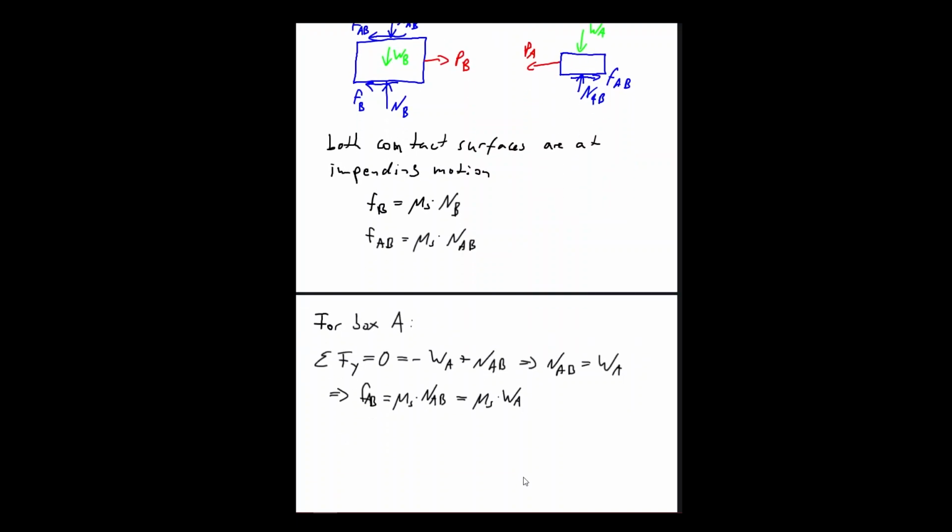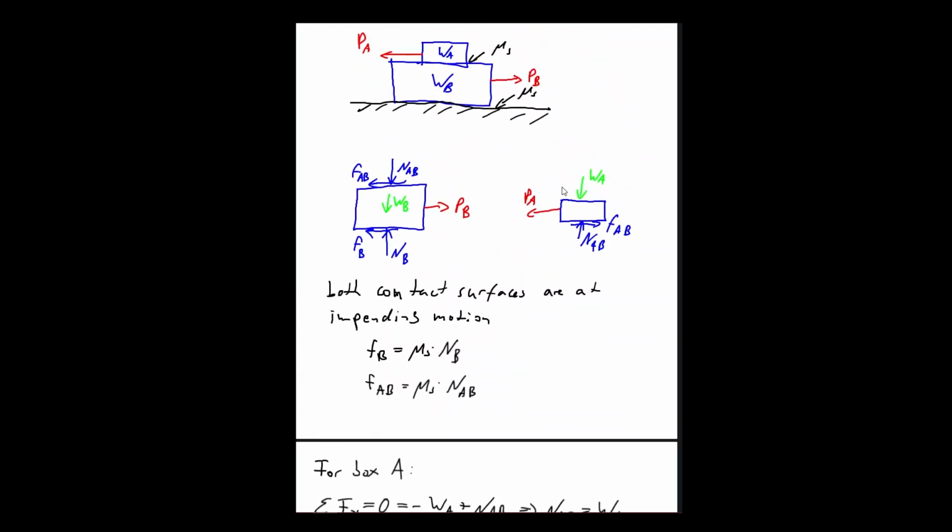Now, if I do my sum of forces in the x direction, sum of forces in the x equal to 0, I get minus PA plus FAB. That means PA, which is one of the things I'm looking for, is equal to FAB, is equal to mu s times WA. Yeah, I think it makes a certain amount of sense, right? It doesn't matter what the box at the bottom does, only depends on the top box, this force.